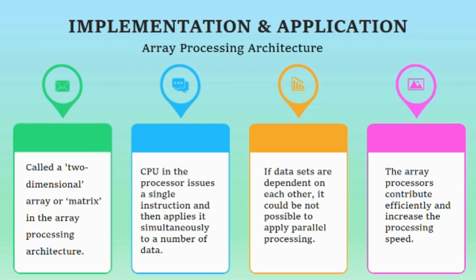This structure is based on the fact that all datasets operate on the same instructions. But if these datasets are dependent on each other, it may not be possible to apply parallel processing. So relative to the overall instructions, the array processors contribute efficiently and increase the processing speed. To alleviate the vector processor bottleneck problem is the advantage of the array processor.